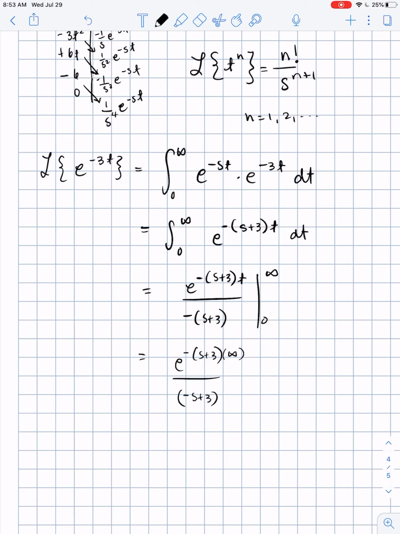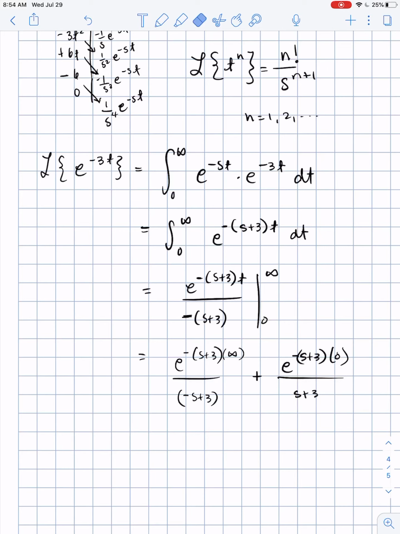If you have to put the b in there, that's fine. I'm going to change that to a plus because of the negative here. And then you have this same, but we're plugging in 0. So you can see that's going to be 1 on top, and then you have the s plus 3 there.